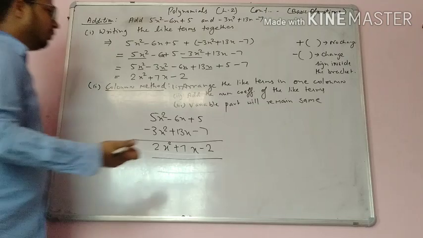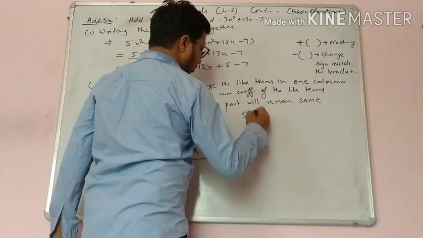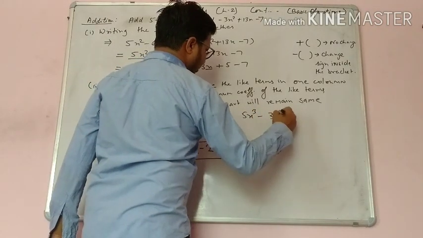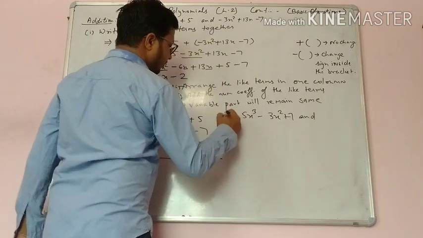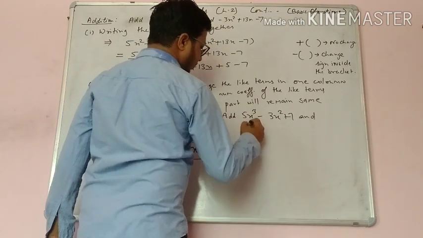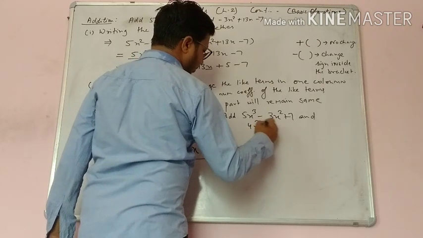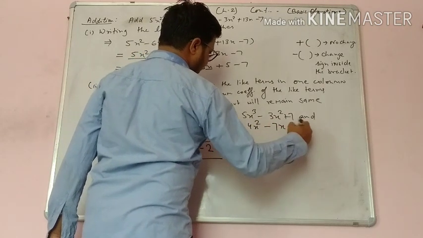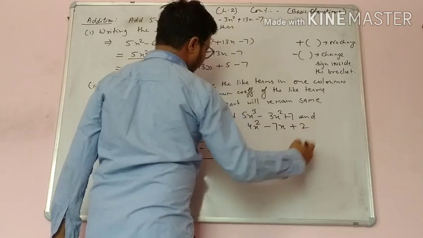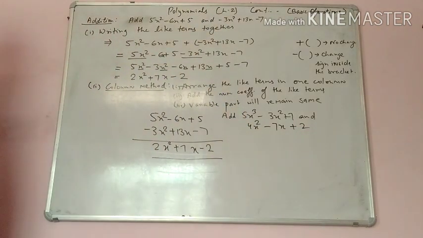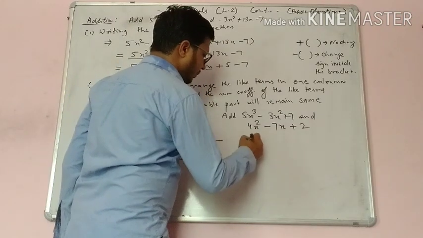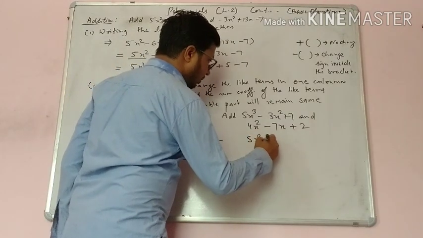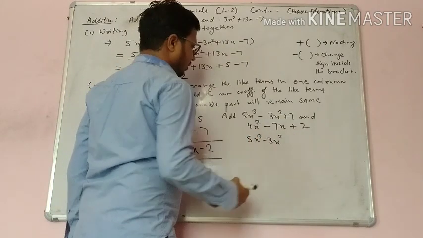Suppose the question is like this: 5x cube minus 3x square plus 7, and add 4x square minus 7x plus 2. How can we add that? Same, 5x cube minus 3x square plus 7.